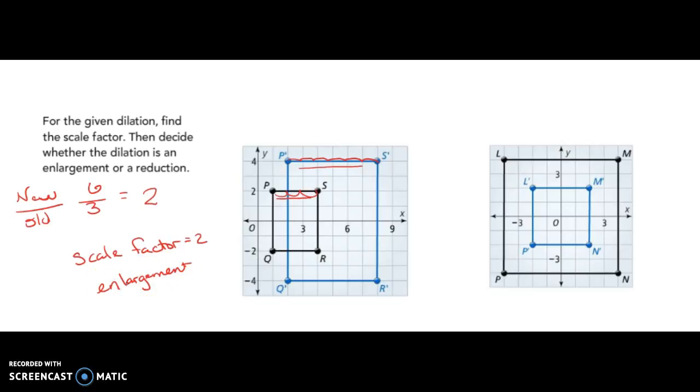Over here we have new over old again. And the new one is this prime one. So we have 2, 4, and we have 2, 4, 6, 8. So it is a scale factor of a half.